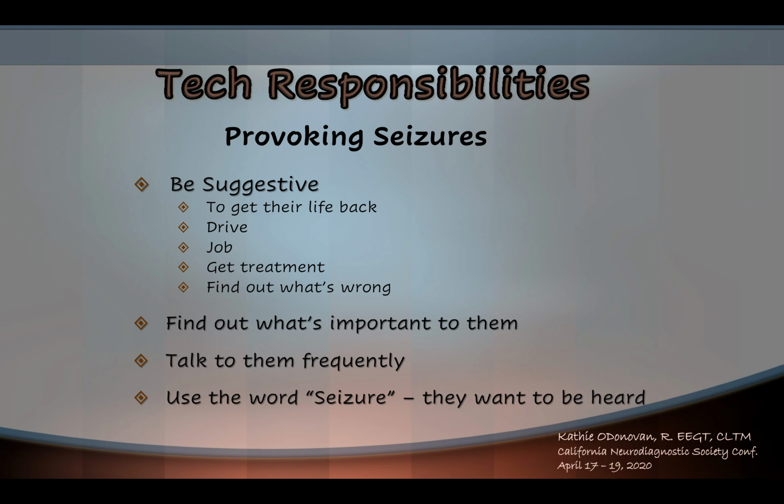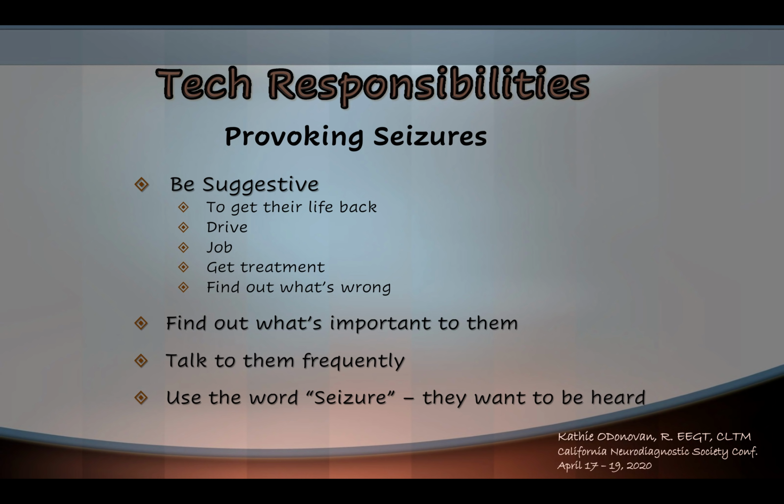And of course, you can't do this if the place where you work doesn't want you to. But if they don't mind, then using the word seizure can be effective because it makes them feel like you heard them. They are saying the word seizure because they believe that these are seizures. Now, these are not medical people. Why should we be holding them responsible for thinking of them as seizures?